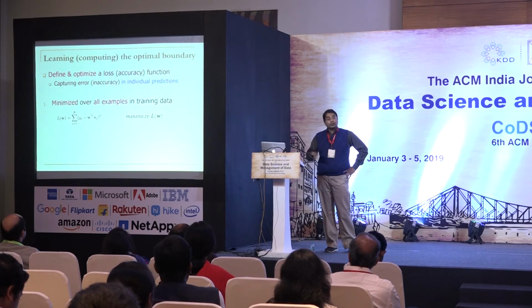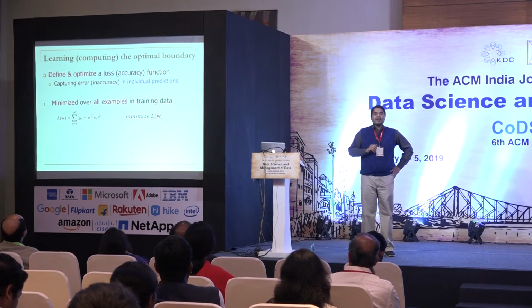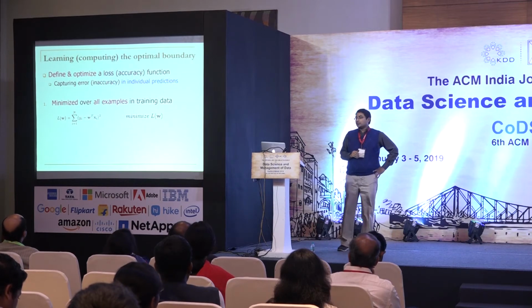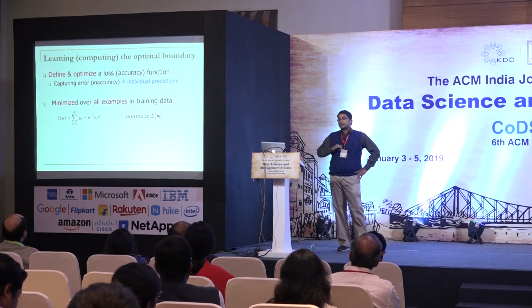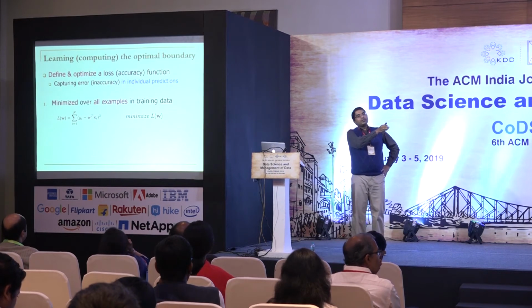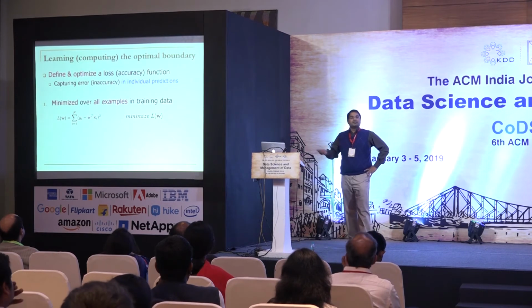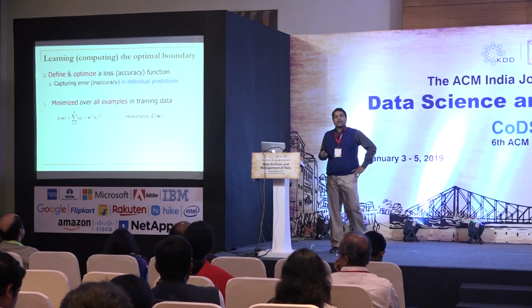Now, one of the things that we do without even thinking for a second every day when we use machine learning models is we try to minimize the loss over all examples in the training data. So we have a loss function, like in this particular case, a least squared loss, and that captures the loss for individual predictions, and we try to minimize the sum of the losses for all the points in the training data. This is something that we don't even think for a second about.